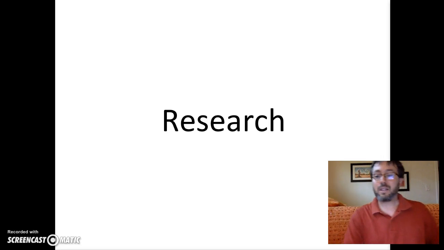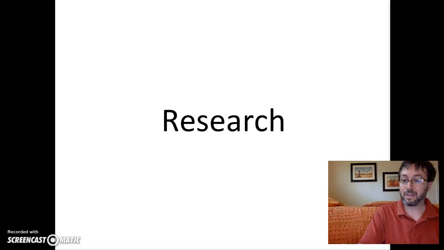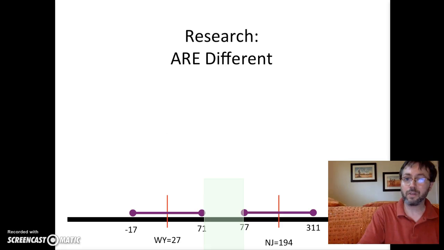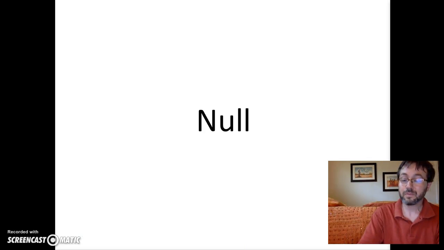That brings us to the concept of a research hypothesis and a null hypothesis. Oftentimes a research hypothesis is stated something like, there is a difference between the number of readmissions for Wyoming compared to New Jersey. And it's a practical way of stating what you're interested in, what you're curious about. And that's different than a null hypothesis.